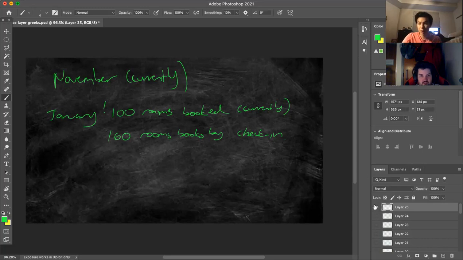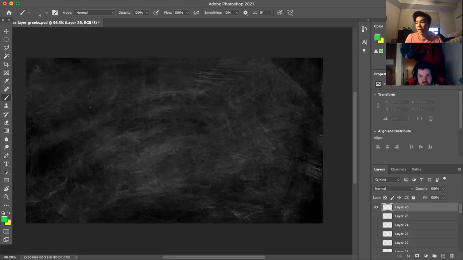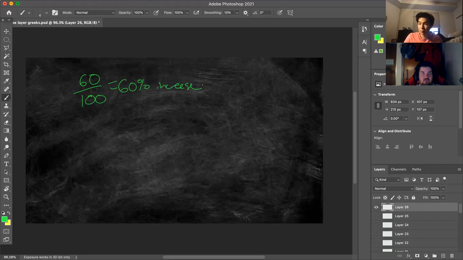In order to do that, first we need to find the percent increase, and we do that by taking the 60 rooms and dividing by 100. We get a 60% increase. Do you understand how that works? Just a little. So what's the 60 again? 60 is 2B, rooms that are going to be booked in the future but aren't booked yet.